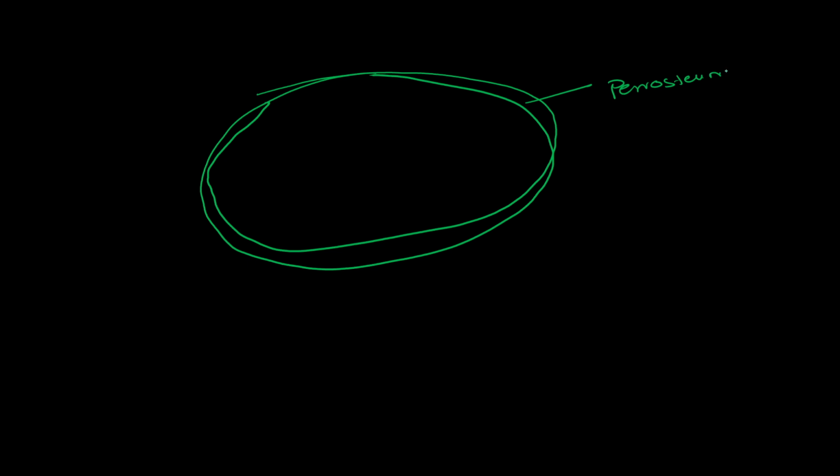So this is the outermost layer, which is known as the periosteum. Inside the periosteum, you would see that there are small Haversian systems.